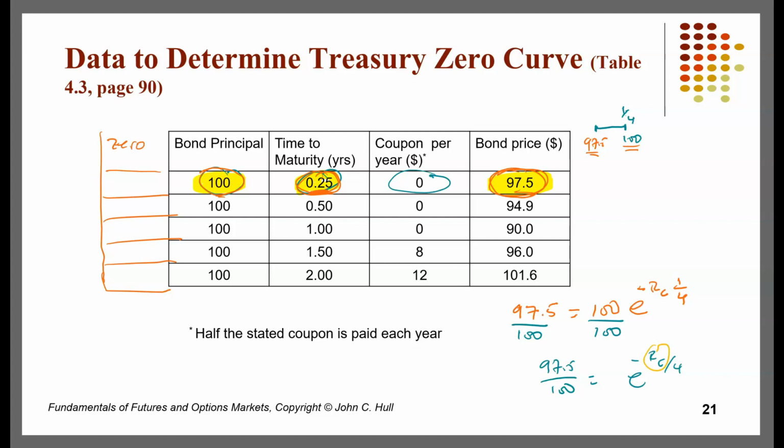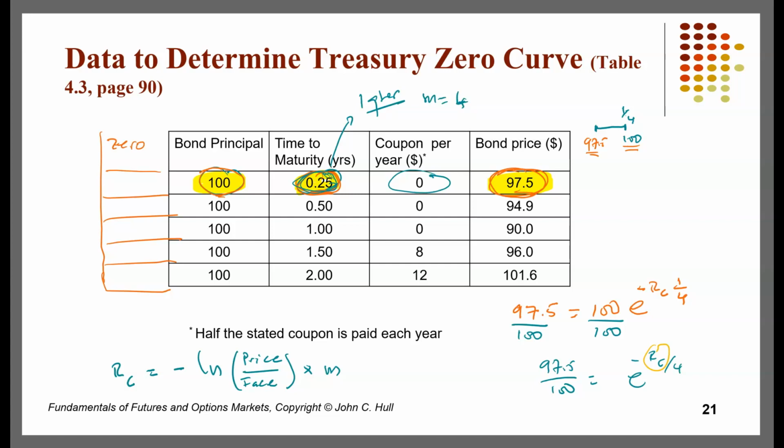And so our continuously compounded rate is going to be equal to minus the log of the ratio of the price divided by the face value, multiplied by m. And m here is 4, because 0.25 is a quarter, so that's 1/4, and m is 4 for the quarter.